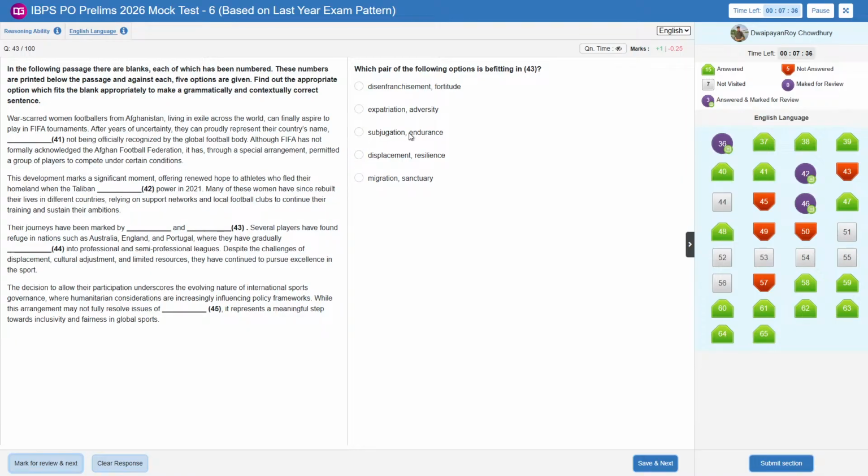Subjection, what does it mean? Disenfranchisement, no. Expatriation, adversity, displacement and resilience. Either this or this.